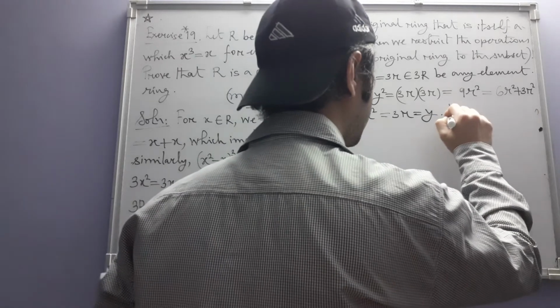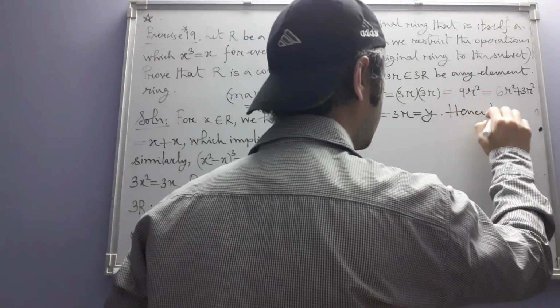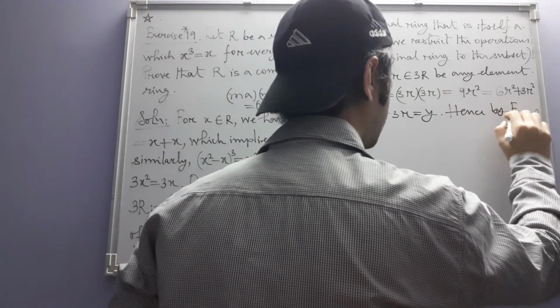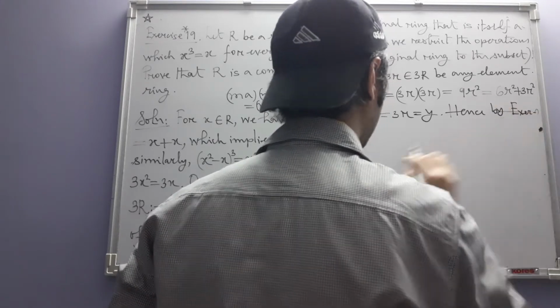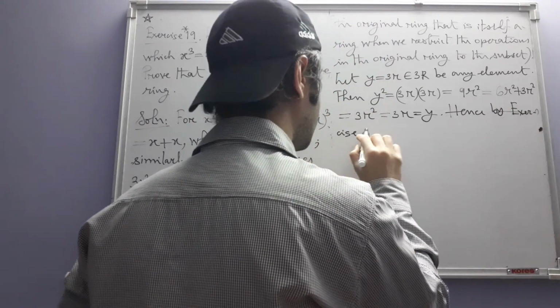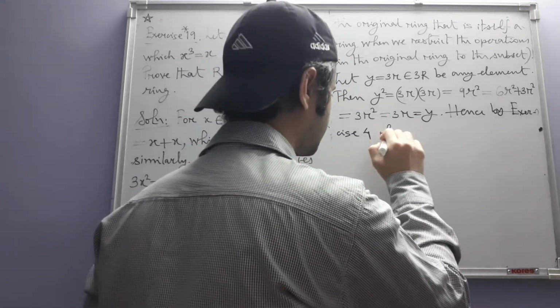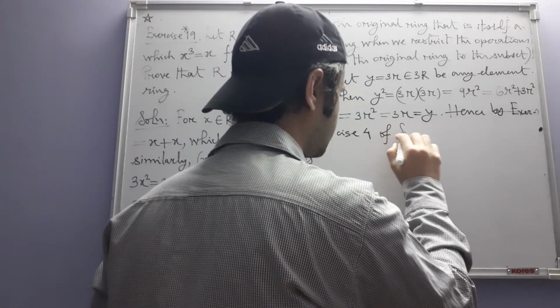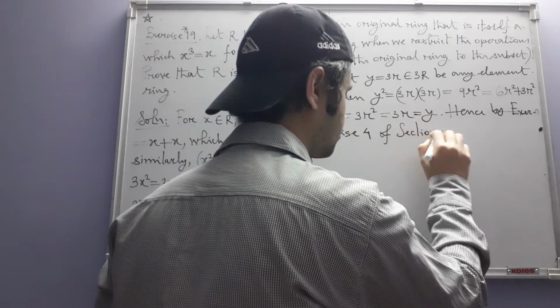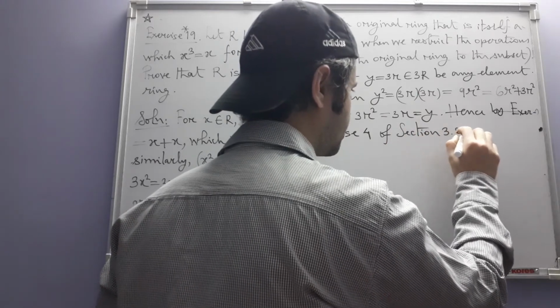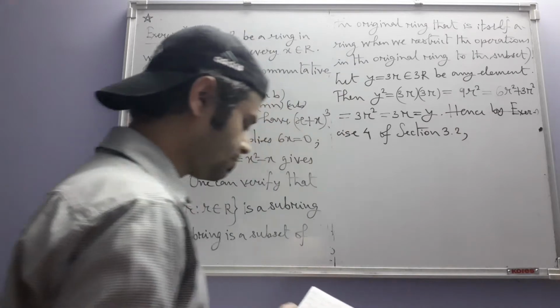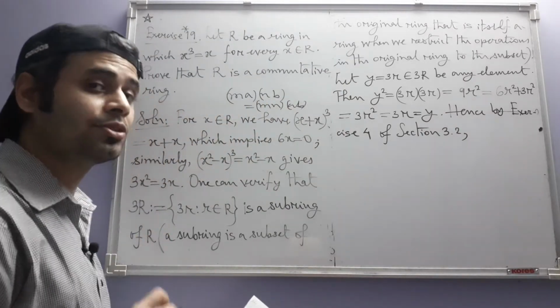Hence, by exercise 4 of section 3.2, 3R is a commutative ring.